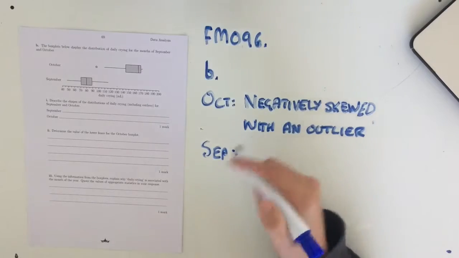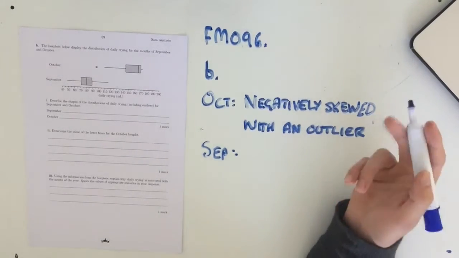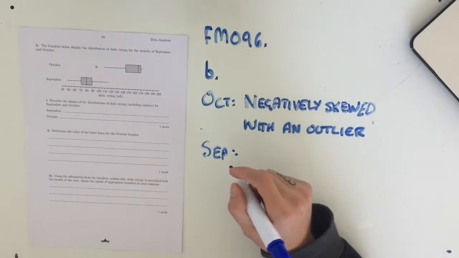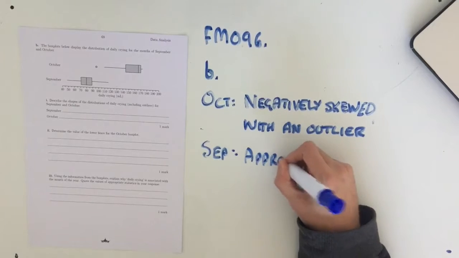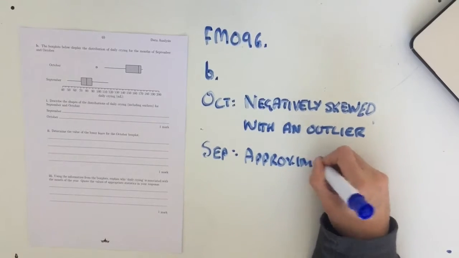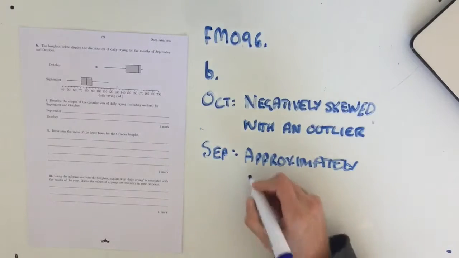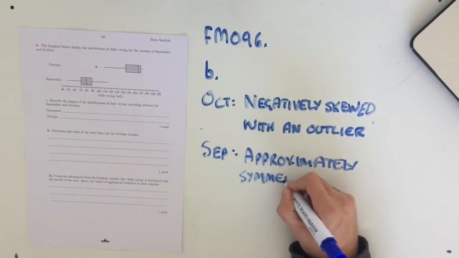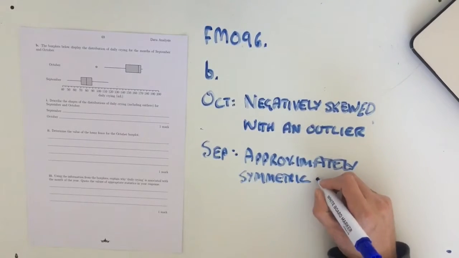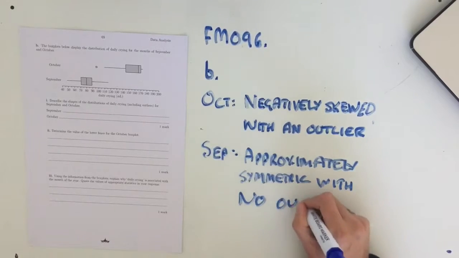Or you could say, if there were 3 outliers, you could say outliers, or if you want to be really careful, say with 3 outliers. September. Now, September is approximately symmetric. And once again, just to cover yourself, approximately symmetric, with no outliers.